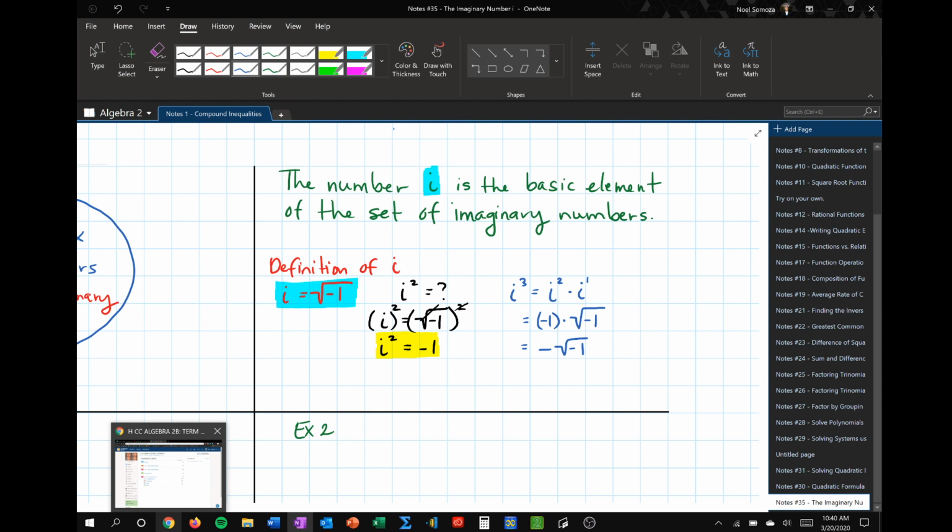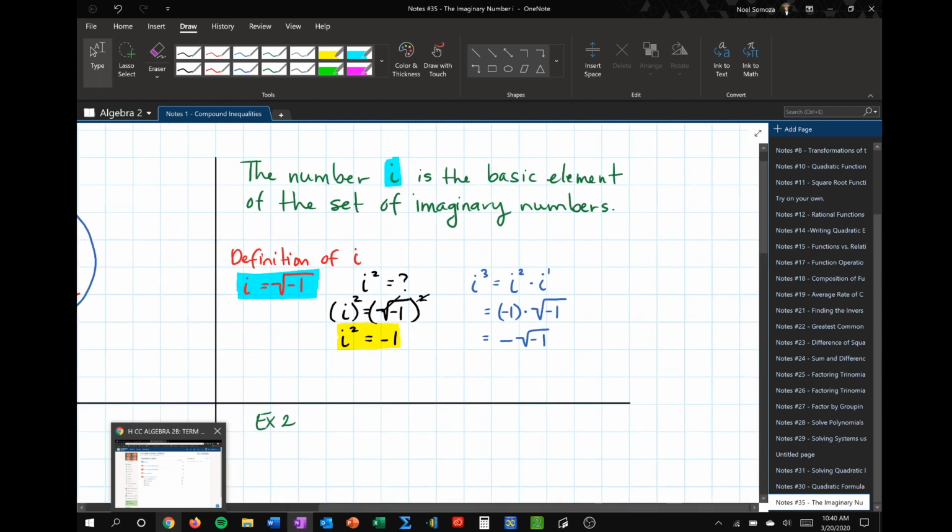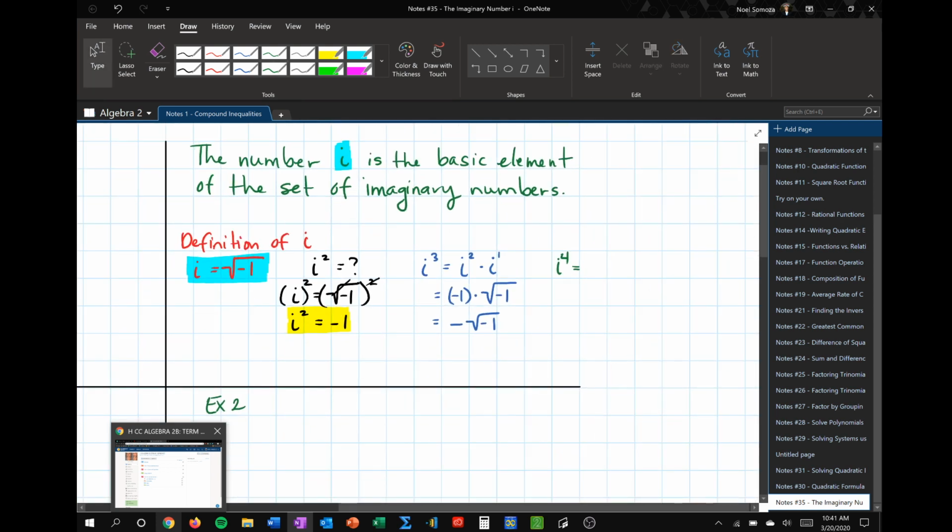But the important part here is to show that there is a level of repetition that occurs with the value of i. Because once we get to i to the fourth, I want you to see something here. i to the fourth can be very easily written as i squared times i squared. We know that i squared is -1, so it's -1 times -1.